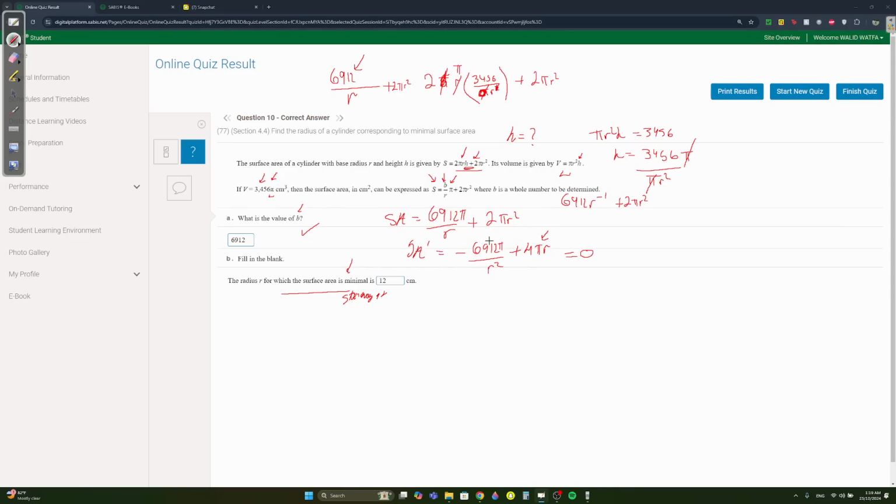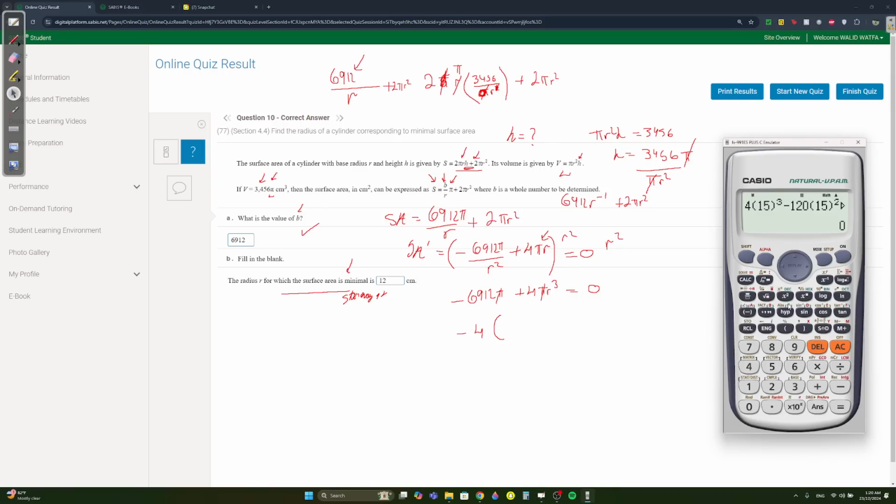To solve this, the way I did it is I multiplied by r squared on both sides. So I want to get rid of the denominator. What does it become? It becomes this. Now what do you get? You can factor out pi, and you can take out minus 4.